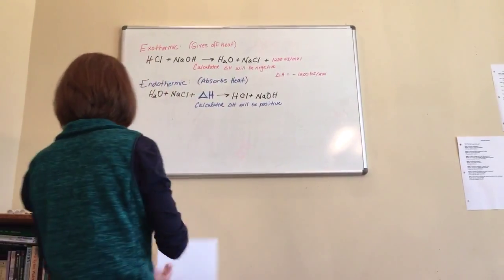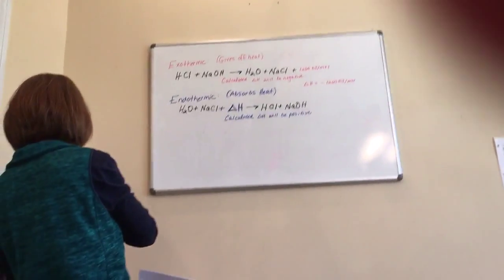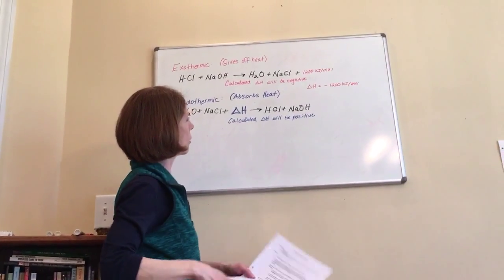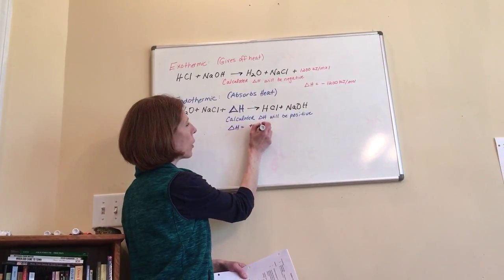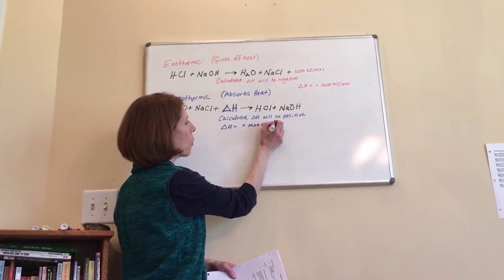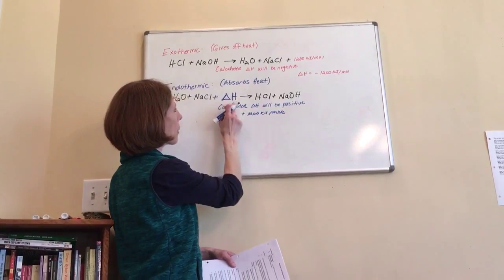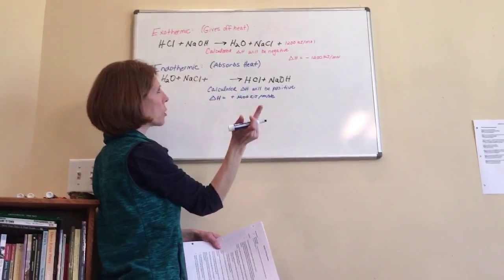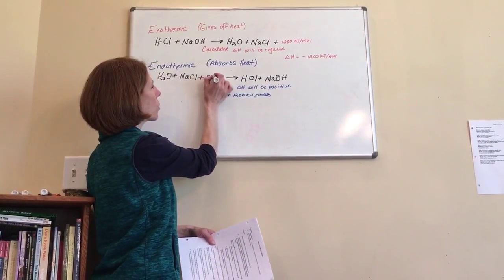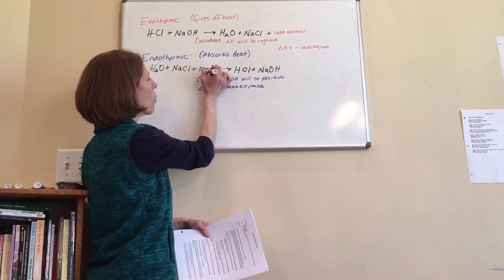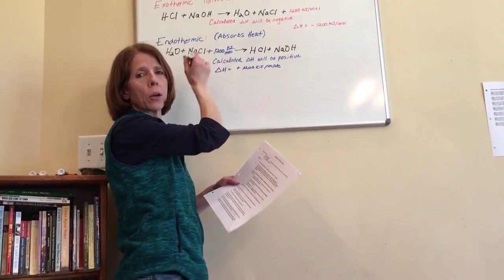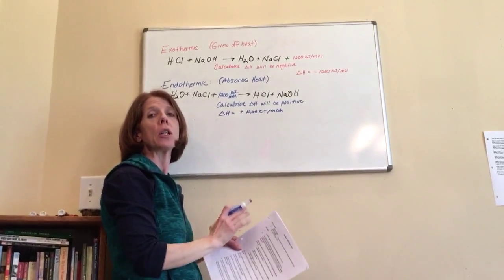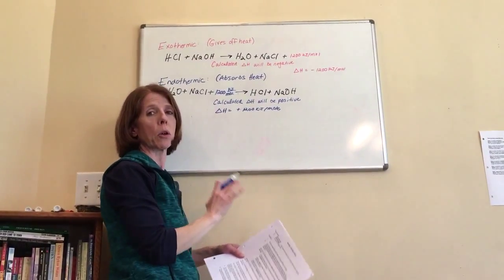Likewise, for this bottom reaction, if we had a delta H for this one, we would have a delta H equal to positive 1200 kilojoules per mole. All right, and we would list it right here as a stoichiometric equivalent as 1200 kilojoules per mole. Now, once we have this number in our chemical reaction, you use it just like any other stoichiometric equivalent.